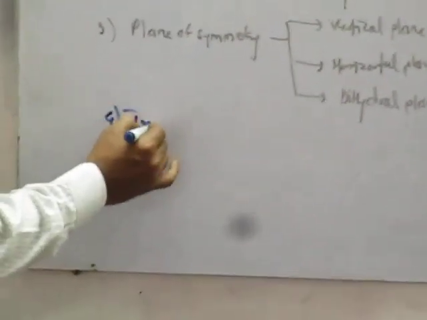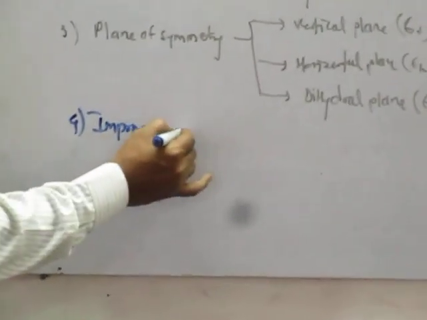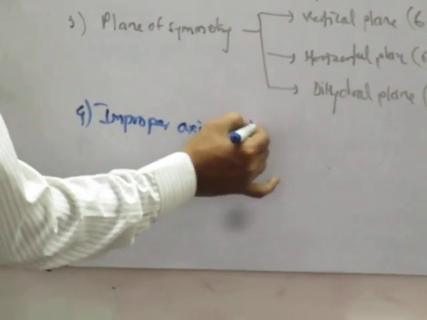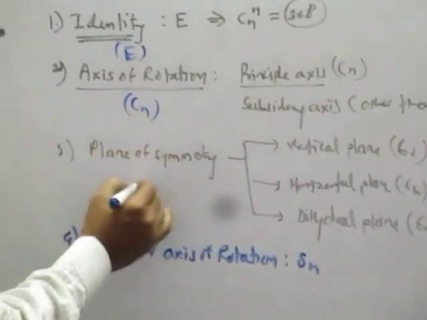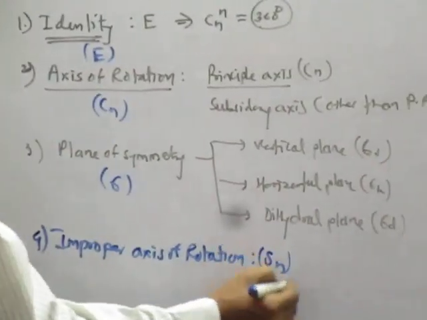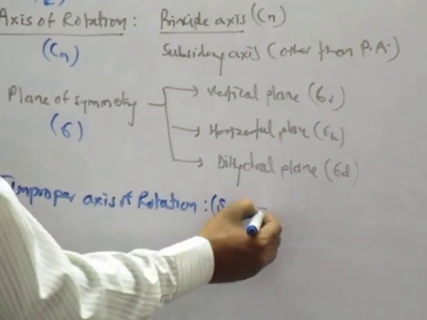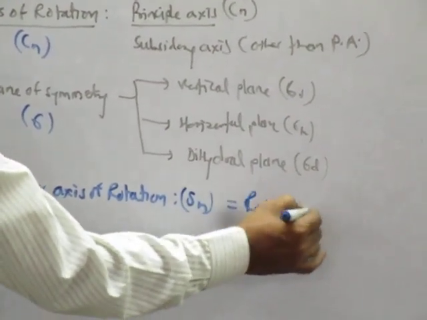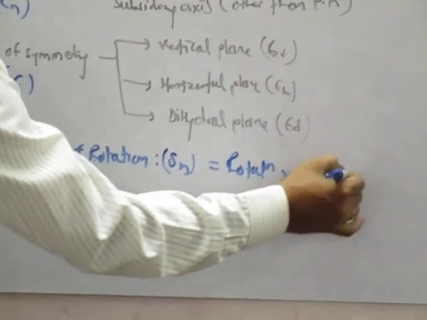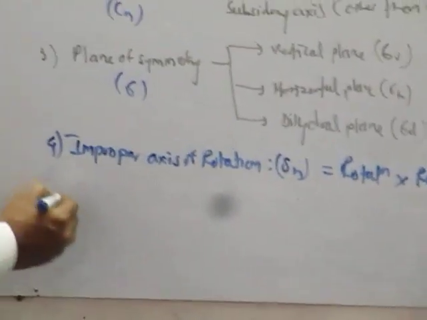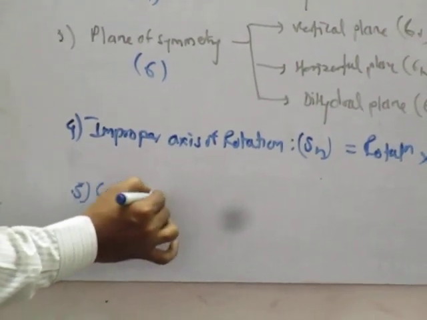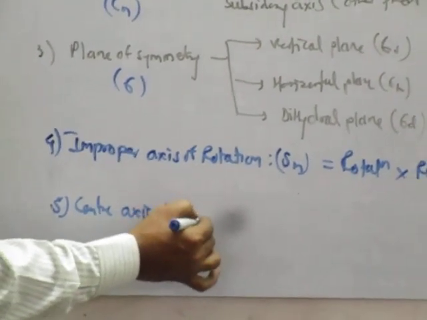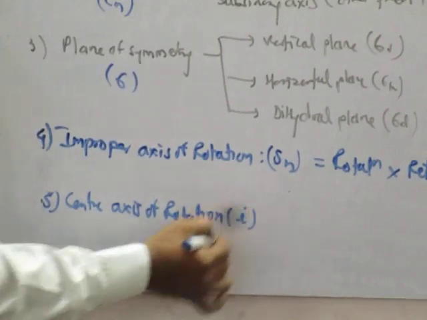Next, the improper axis of rotation, identified by the element Sn. It is equivalent to rotation and reflection phenomena. Then the fifth is the center of symmetry, denoted by i.